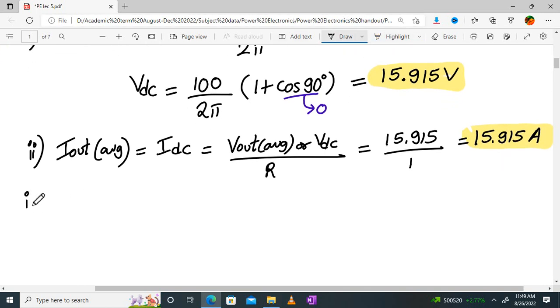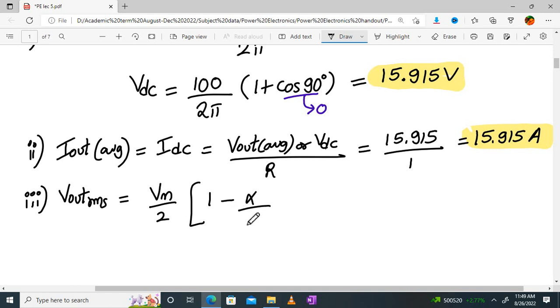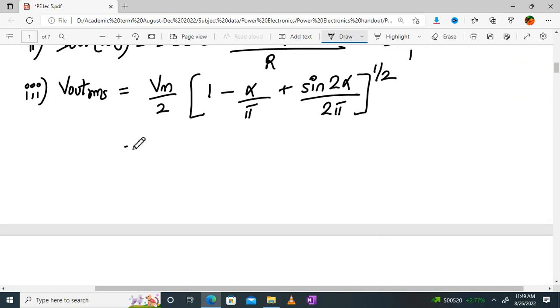Now next we have to find V out RMS. What is the formula for V out RMS? Vm by 2 into the square root of 1 minus alpha upon pi plus sin 2 alpha upon 2 pi. So here we'll substitute 100 divided by 2 into 1 minus, what is alpha given as? 90 degrees, pi by 2.